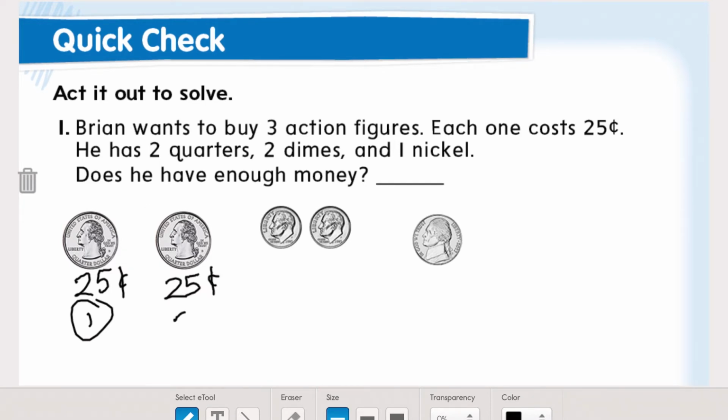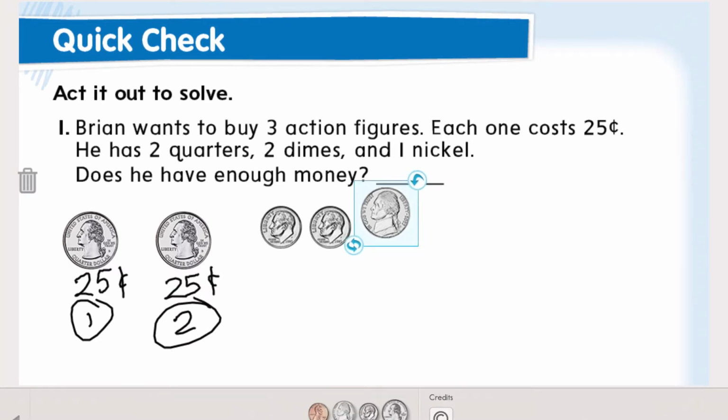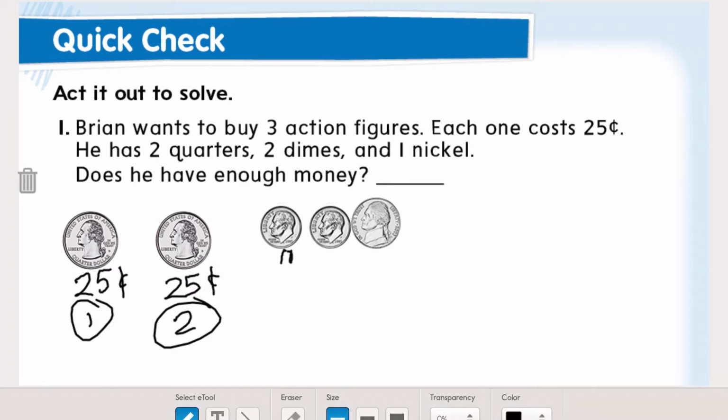This would buy his second action figure. And then these 3 together give us 10, 10, and 5, which equals 25 cents. So these 3 coins would buy his third action figure. So does he have enough? Yes, he does. He has 3 sets of 25 cents to buy his action figures.